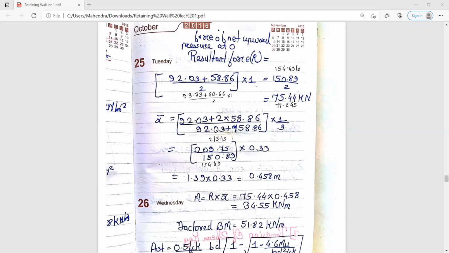You got the value of x bar. Yes, Anis, what is the value of the x bar? Fateh, Rida, how much x bar did you get?